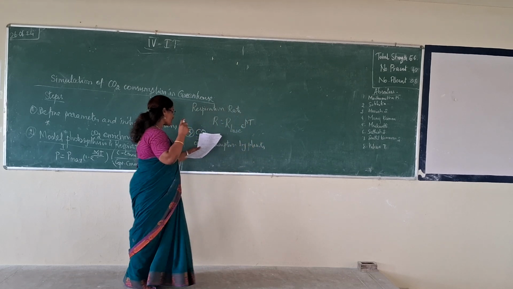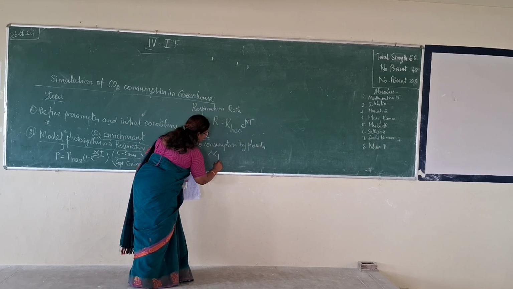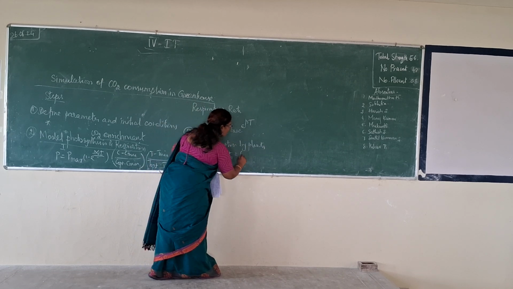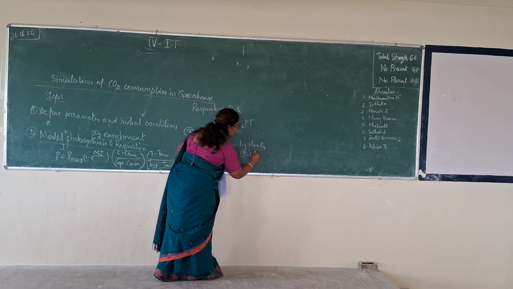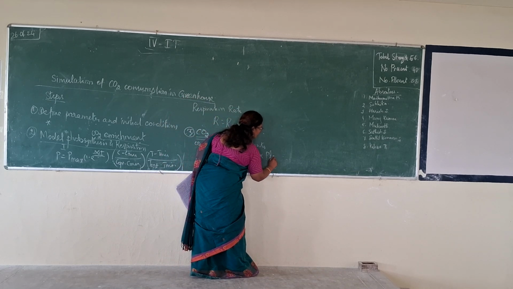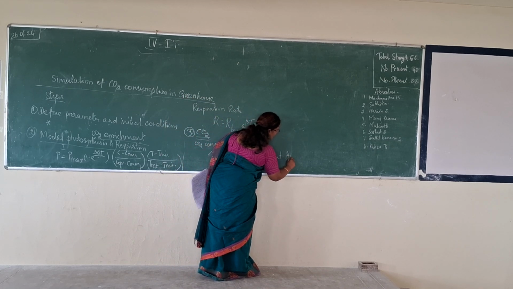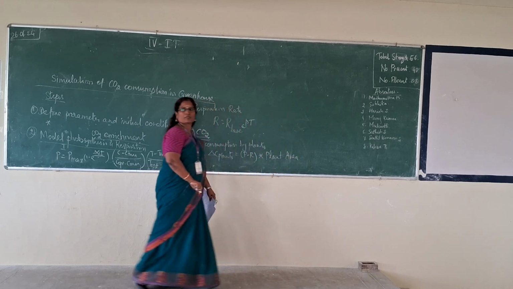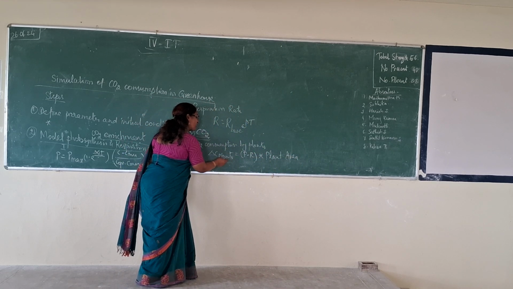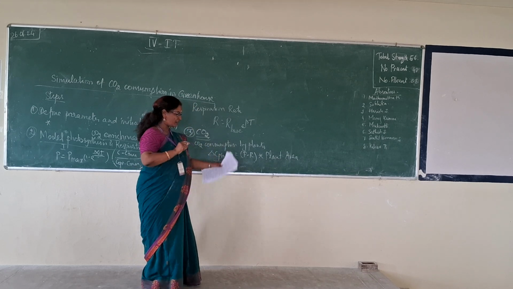How do I compute the CO2 consumption? Delta C plants is equal to P minus R, photosynthesis minus respiration, into plant area. Okay, so how much CO2 can be consumed by the plant is computed like this.